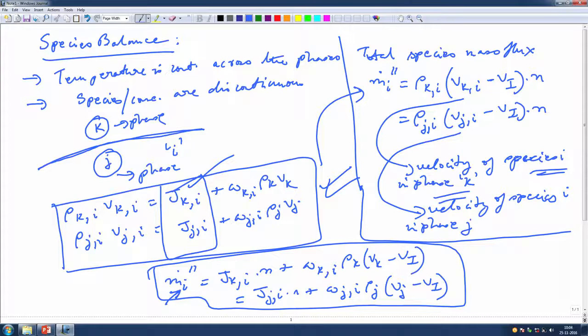Remember, always, this flux term is for the ith species.